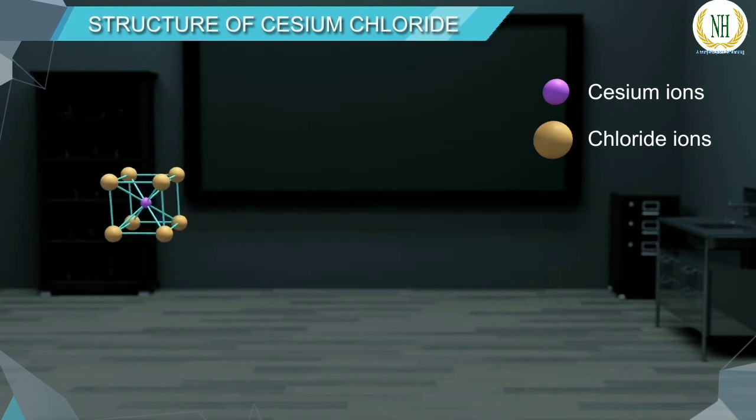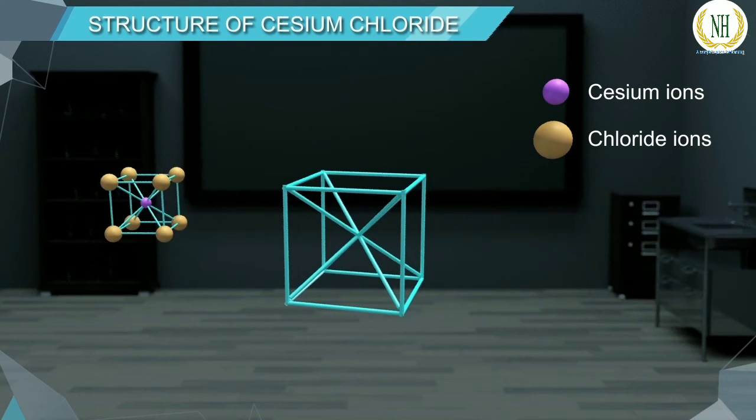The reverse is also possible, which means that cesium ions can occupy the corner positions, while the chloride ions can occupy the center of each cube in the crystal lattice.